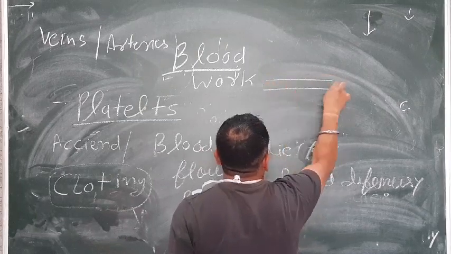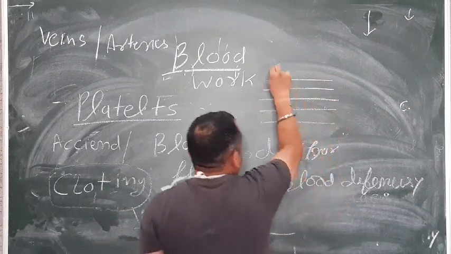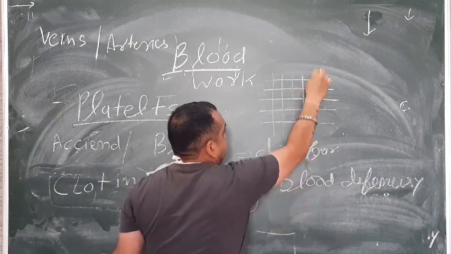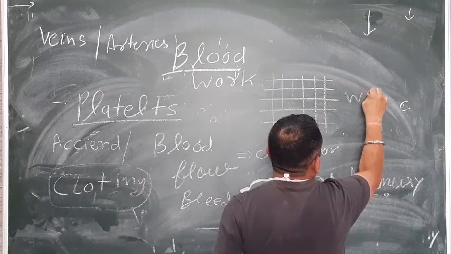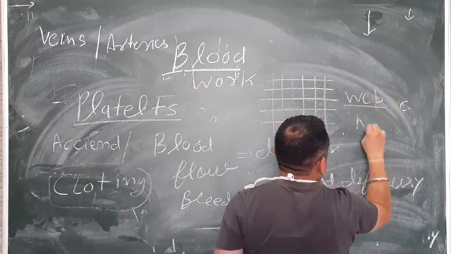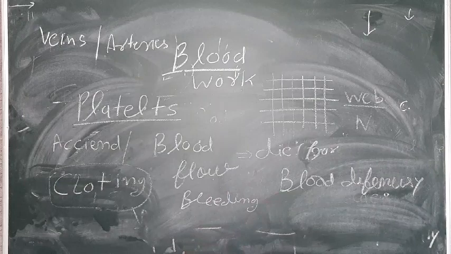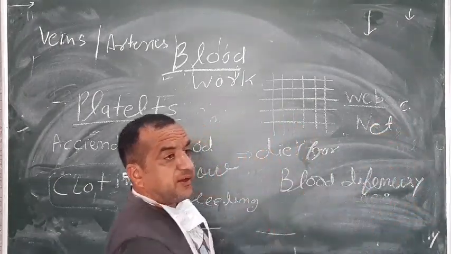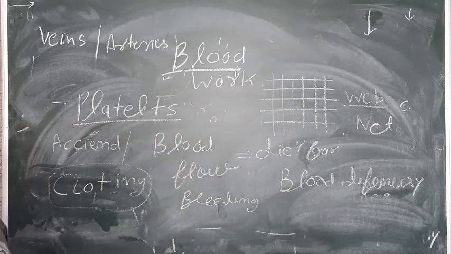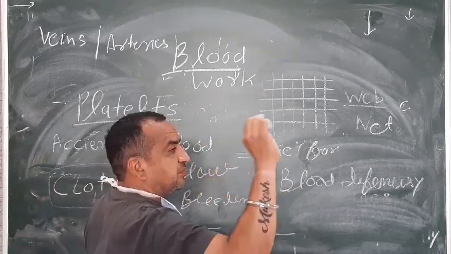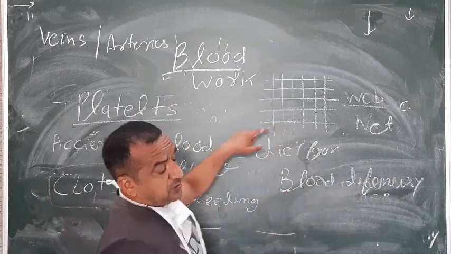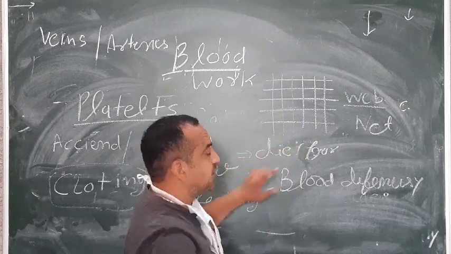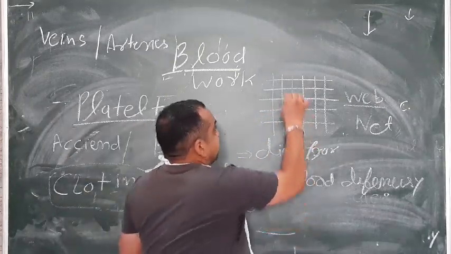The body makes a web-like structure. All of you know web means a net. When blood flows from your body in bleeding, this structure, known as a web, forms.